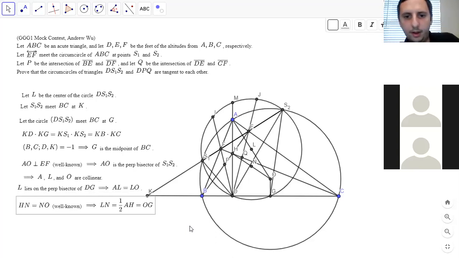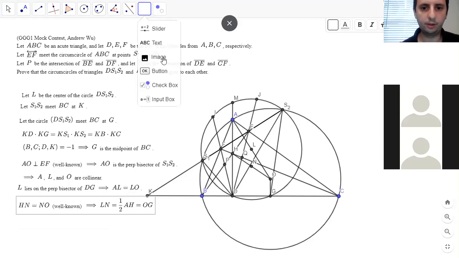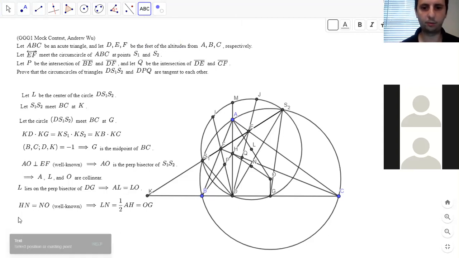And then once we know that, then also M, L, and G are collinear. I'll say angle MDG equals 90 implies MG is the diameter and passes through L.